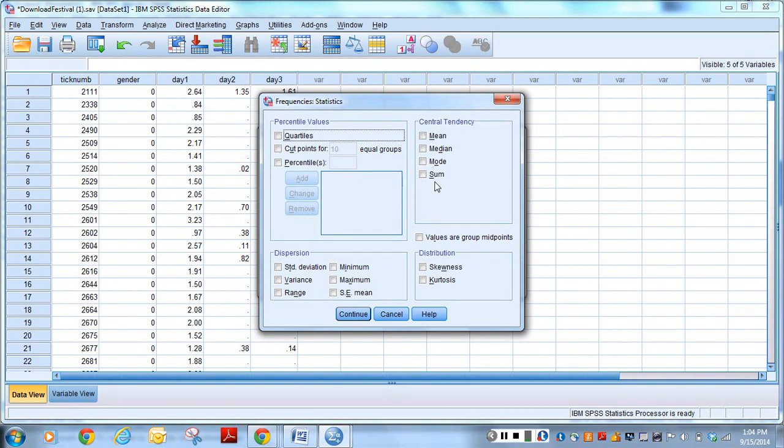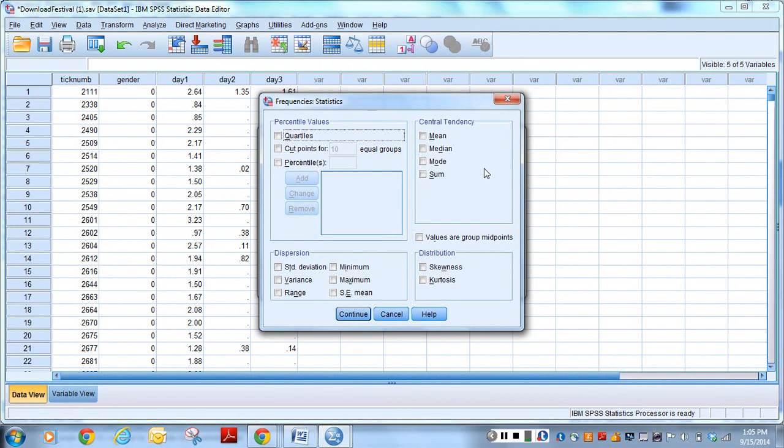Notice all of your measures of central tendency are here: mean, median, mode. We have our standard deviation, variance, range, skewness, kurtosis. You can click on any or all of these options, and this will create a chart showing those descriptive statistics for that particular variable or variables.